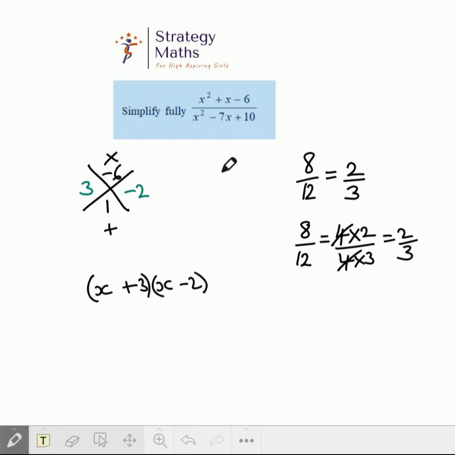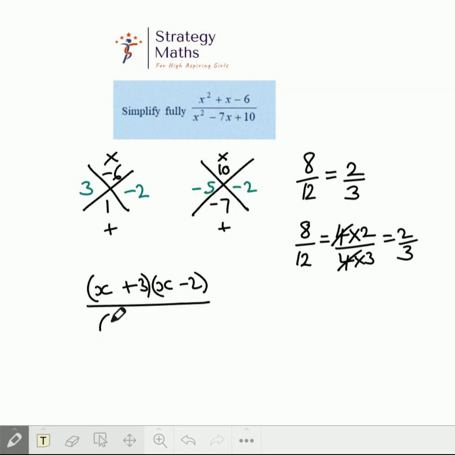Now let's take our denominator and factorise that. We need to think of two numbers that multiply to make 10, and those two numbers also have to have a sum of -7. The two numbers this time are -5 and -2. Two minuses multiplied to make +10, and -5 add -2 is -7.